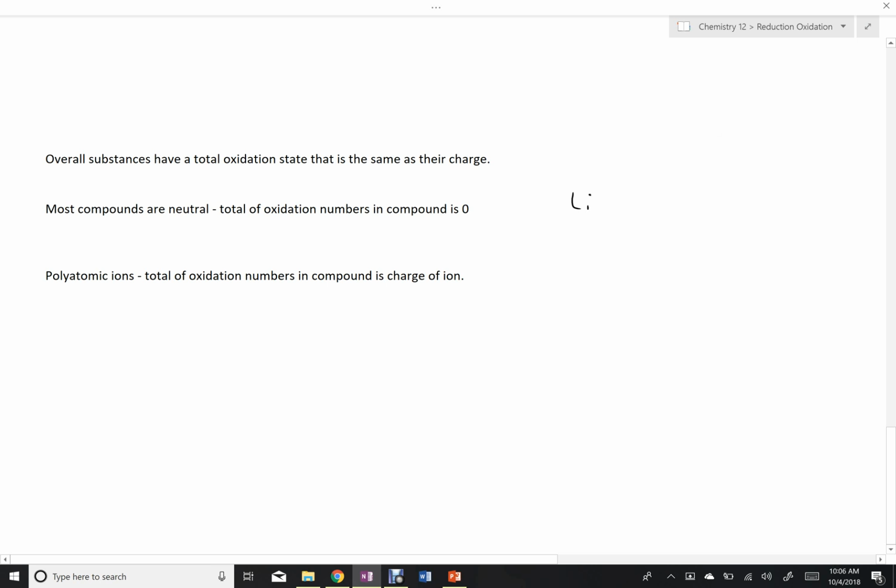The total of the oxidation numbers in a compound should always add to 0, unless the compound is a polyatomic ion, which has a charge, and then the charge of the ion becomes the total of the oxidation states.